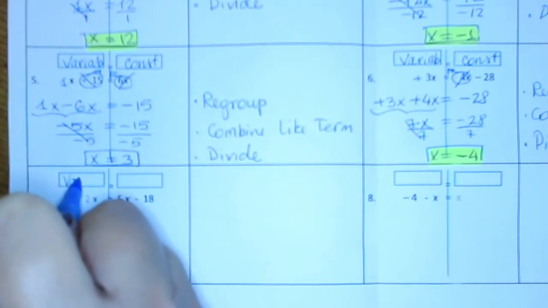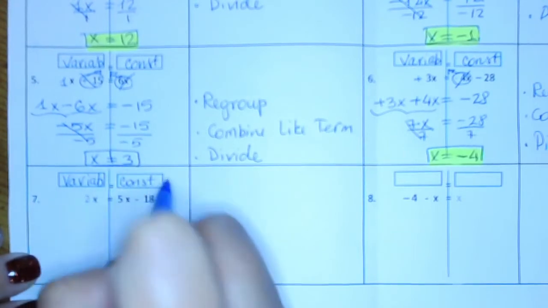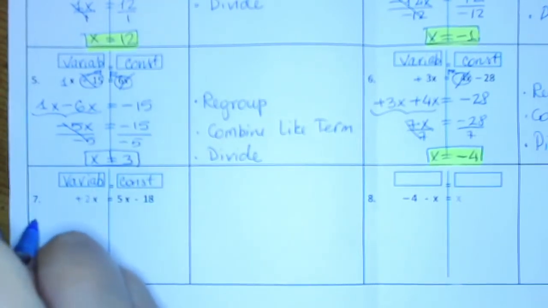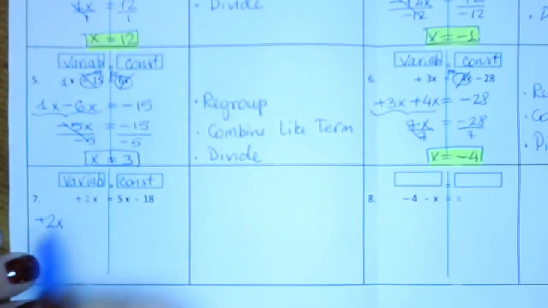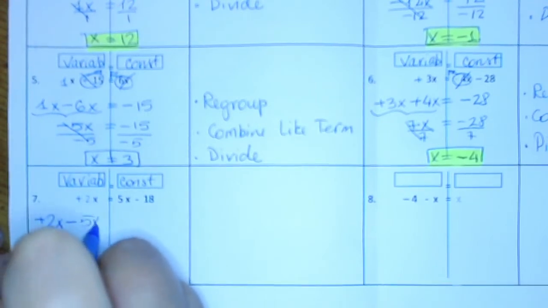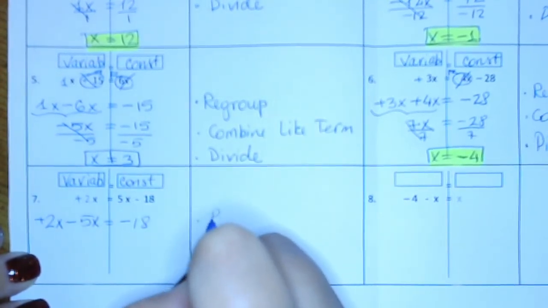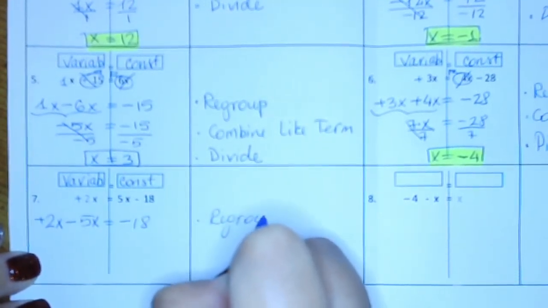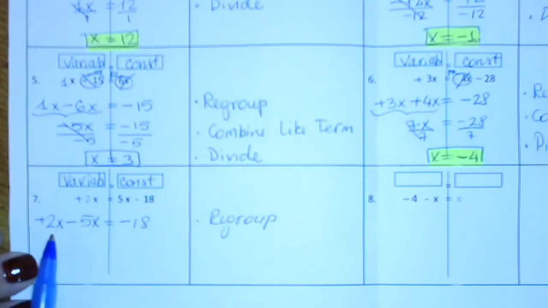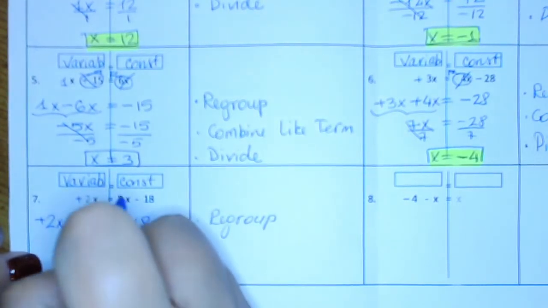Variable term and constants. 2x is a positive variable term, it stays. Minus 5x equals -18. See how the term 2x is on the left and then minus 5x?